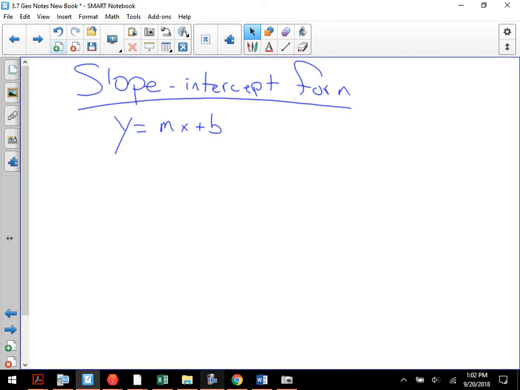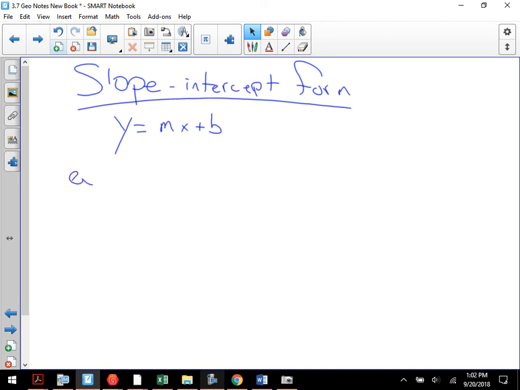Whatever equation we were working with, we would finalize our answer into that format because it was more of a standard way of doing things. We also like y equals mx plus b because as you get into algebra 2, there's a button on the calculator that says y equals.